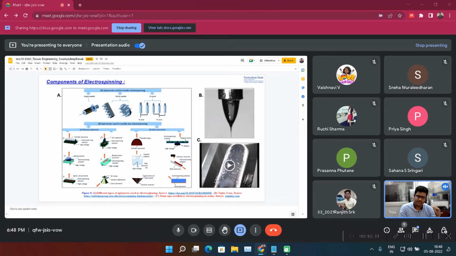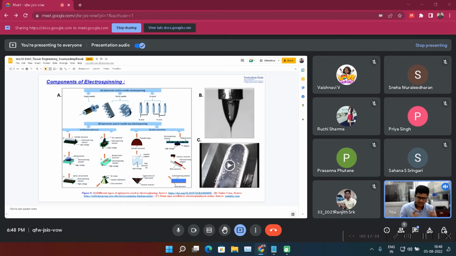That much high voltage potential difference is created to make this conical structure, where the building blocks of the solution being electrospun start repelling each other in such a way that they form a cone-like structure and get ejected out. After forming this cone, the polymer solution is ejected, starts whipping, and gets collected on the surface.